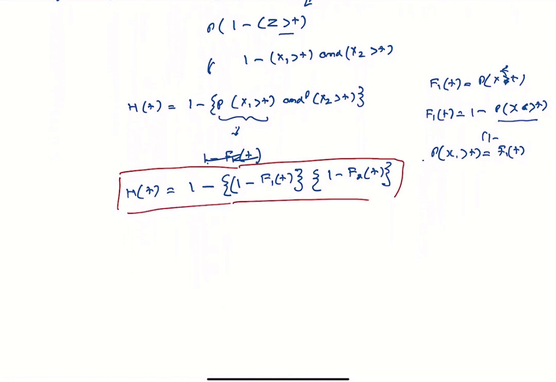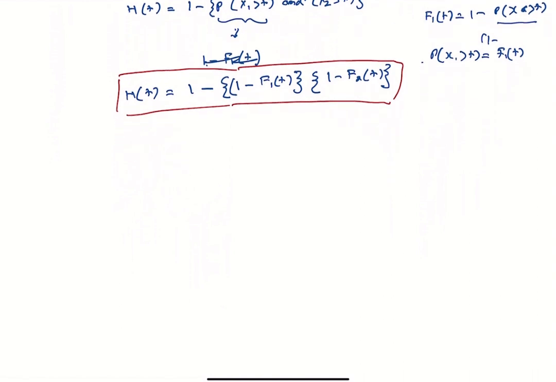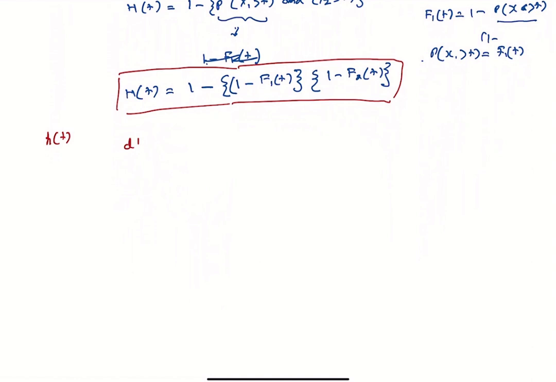Now once we have the CDF, we want to know the PDF. What we want to know is h of t. To get to it, you have to differentiate this equation. What we want is dh over dt.